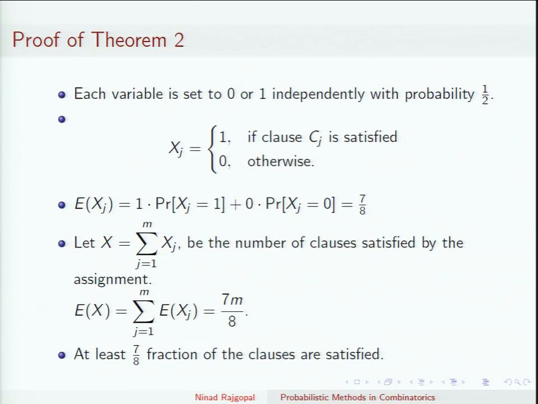Yep, if there are any doubts. Again, we look at an existential proof where if you ask me the assignment, I cannot give it to you. However, I can just show that we can always find an assignment such that a 7 by 8 fraction of the clauses are satisfied.